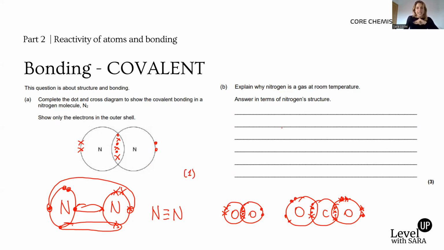Explain why nitrogen is a gas at room temperature. Nitrogen structure, this is the hint. What is the structure of nitrogen? Well, it's a small covalent molecule.